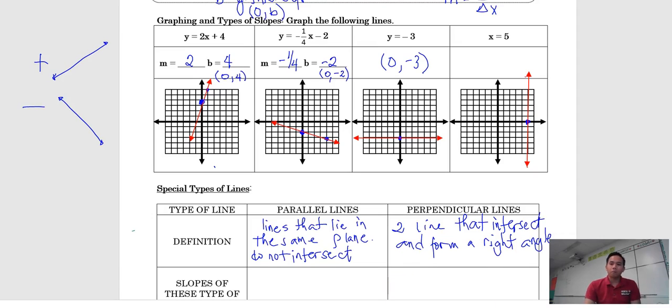So the slopes of this type of lines, when we say parallel lines, the slopes are the same.